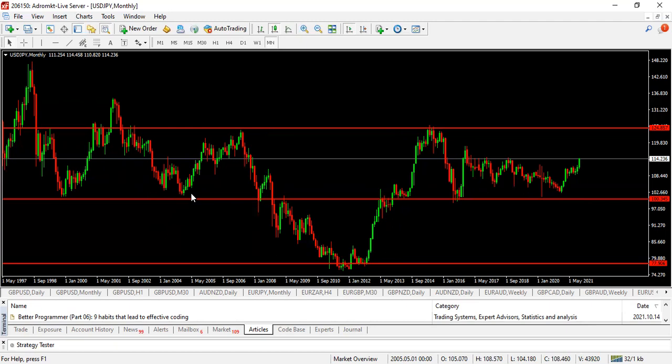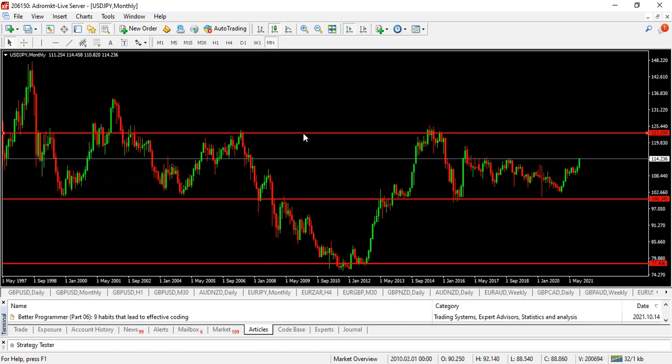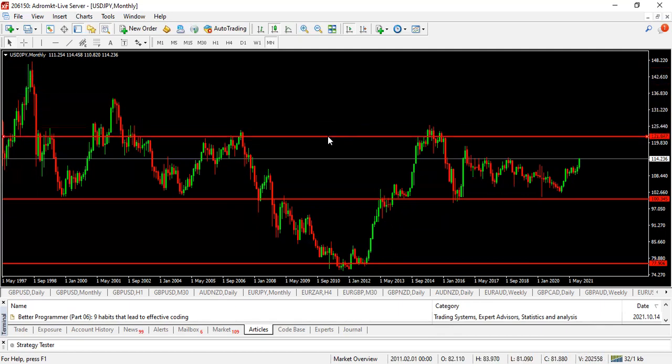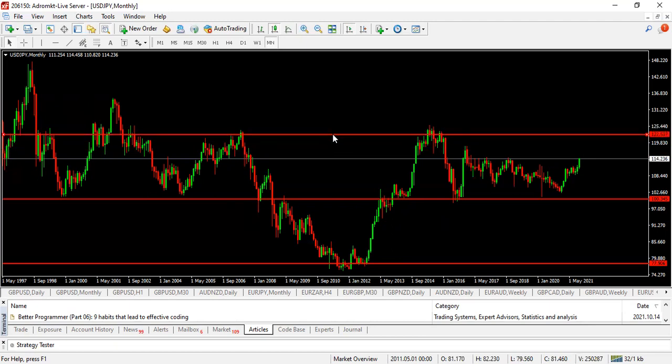When you scroll down in time frame, there are other levels that appear with the lower time frames, the weekly, the daily, etc. But I'm just basing this video on the monthly time frame because as you can see, when you really look at it, this monthly time frame has one, two, three, four, five, six areas that it has reacted off of historically.